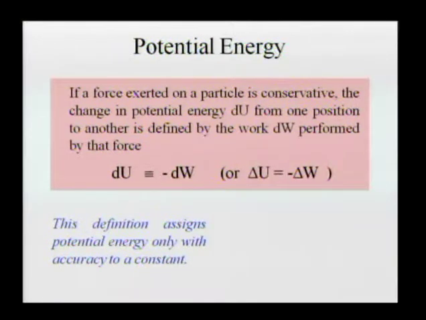So for practical purposes, we first choose a point in space which we call the reference for potential energy, to which we assign potential energy 0. For example, I can say that at this location my gravitational potential energy is 0.